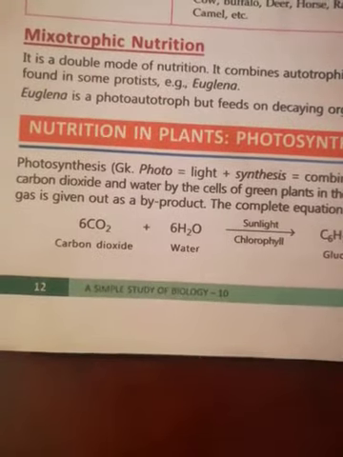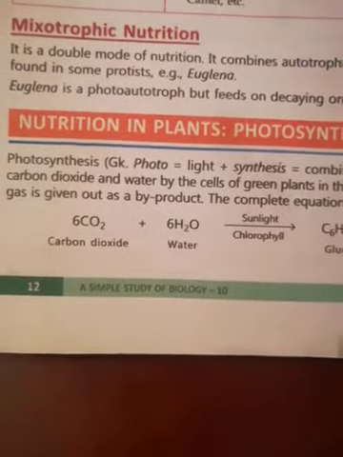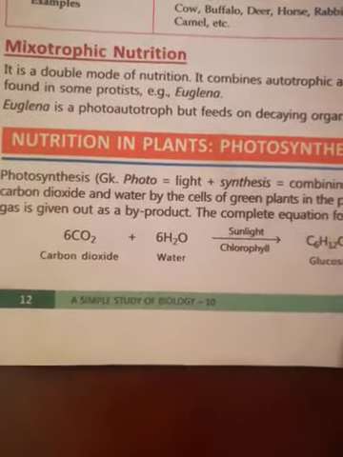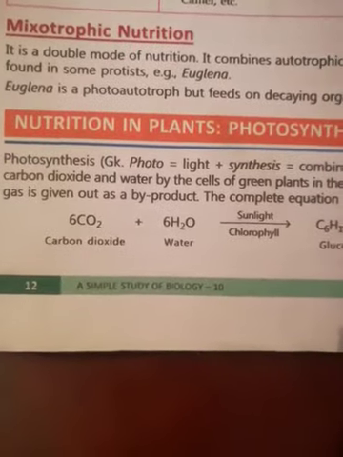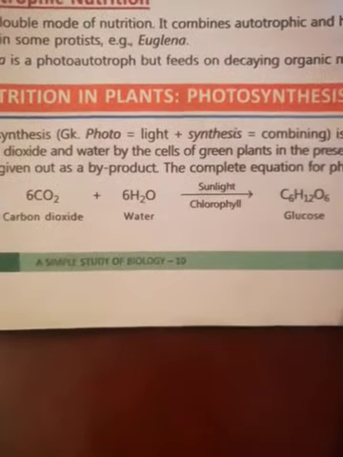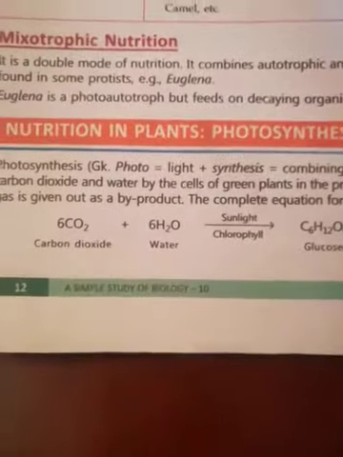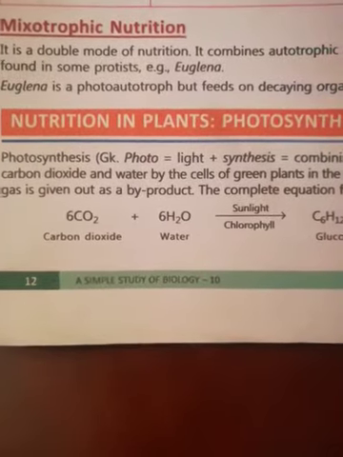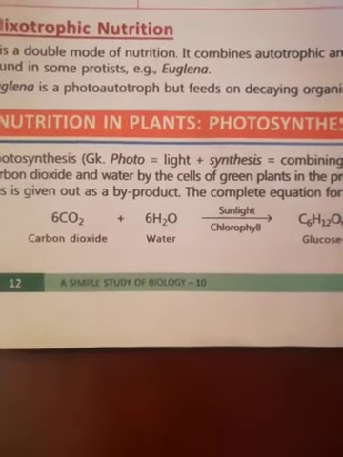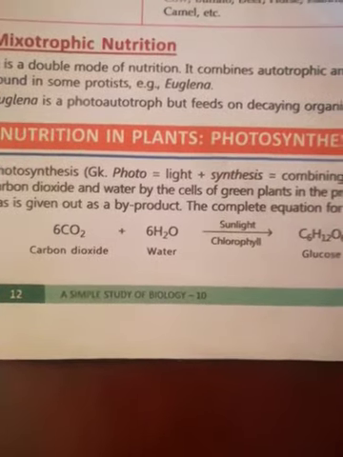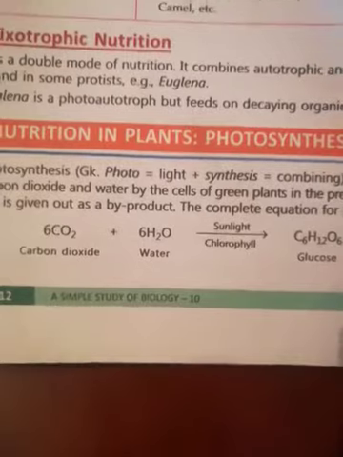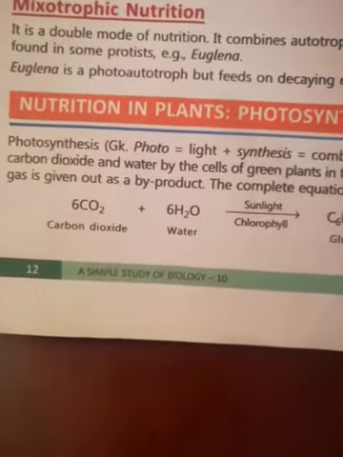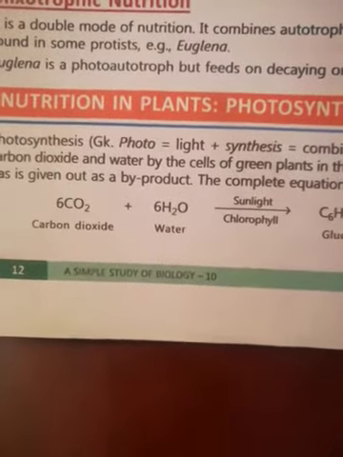Of chapter Life Processes. The topic we are going to discuss in this video is nutrition in plants. As we discussed in the previous video about photosynthesis, what is photosynthesis? Photosynthesis is a process in which plants trap solar energy and convert it into chemical energy.